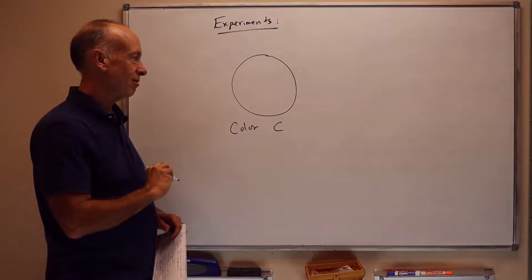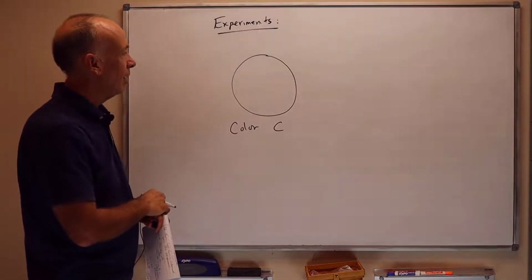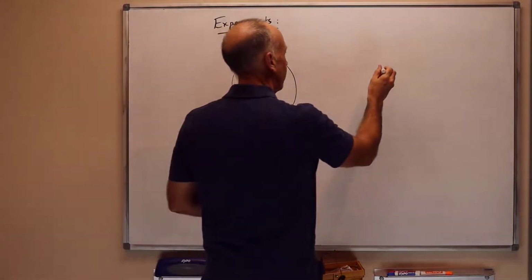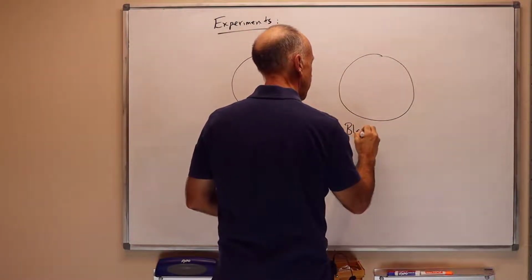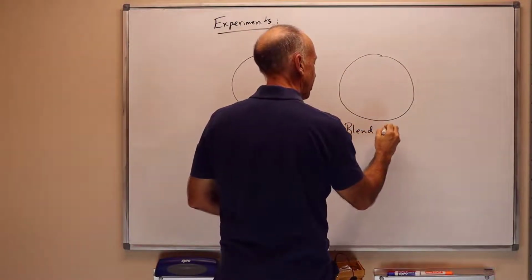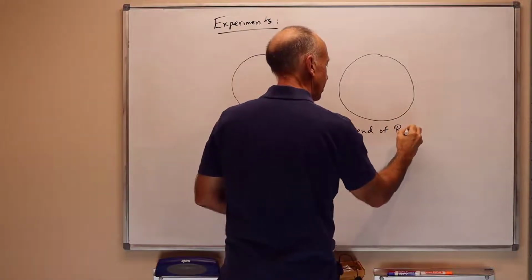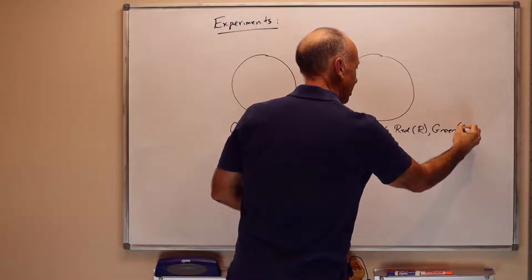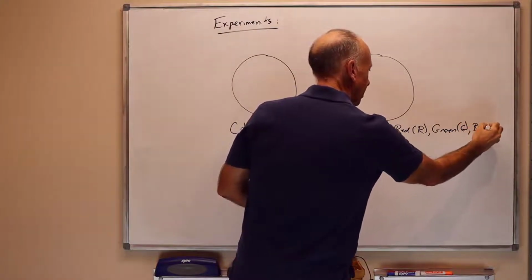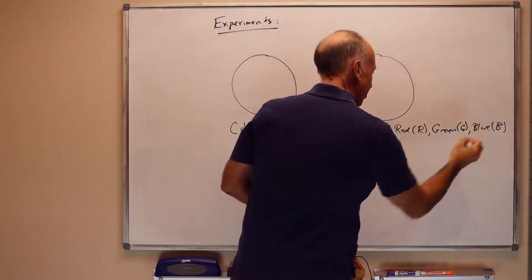So it's not too bright, it's not too dark, it's sort of in the normal range of brightness. And then over here, we try to find a blend. We shine another spot on the wall, which is a blend of red, which I'll write with R, green, which I'll write with G, and blue, which of course I write with B.